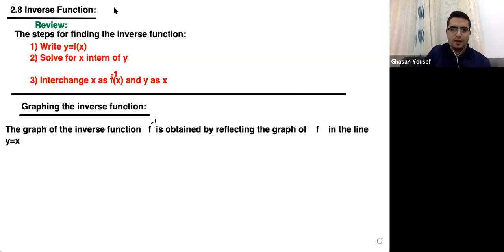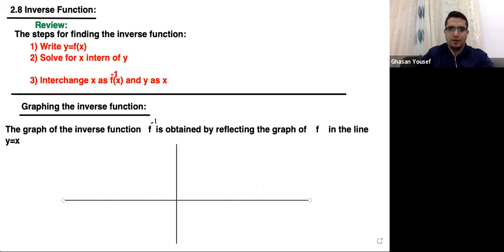For example, if I want to graph the inverse of this function, suppose my original function f looks like this. This is my original function, this is my f of x.